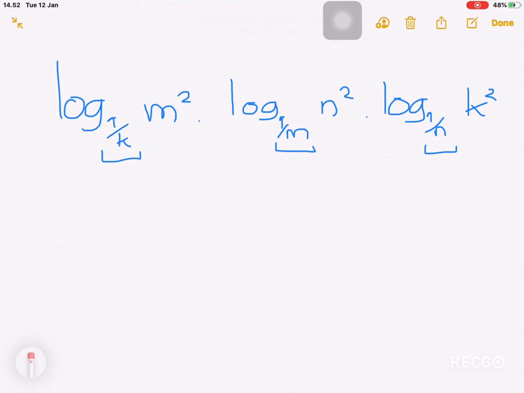However, we can make some simplifications by first noticing we have some squares, and we can just take them into the front and turn them into a multiplication.